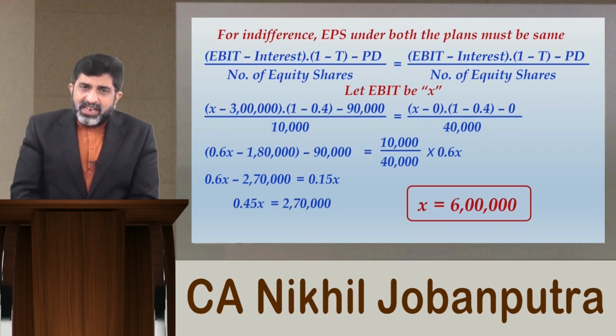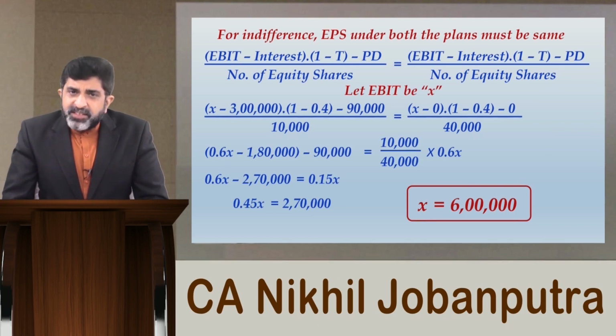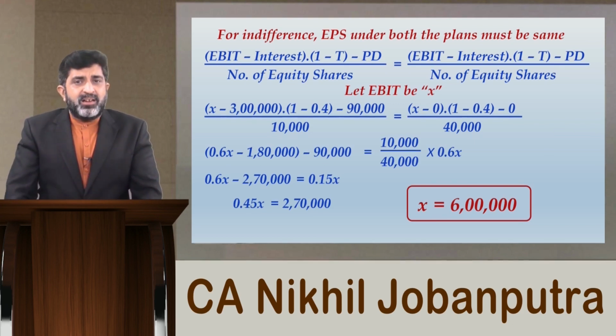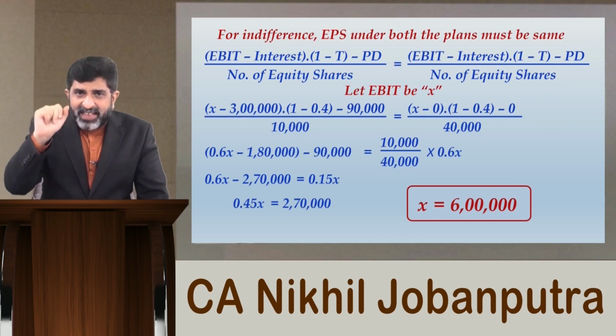Second important point that I would want to conclude is, here 6 lakhs is your answer for the missing value of x. What does that imply? How do we draw conclusion from that? You take 6 lakhs as EBIT.